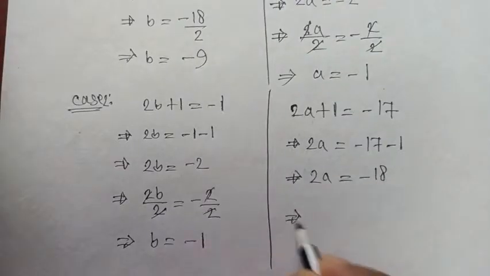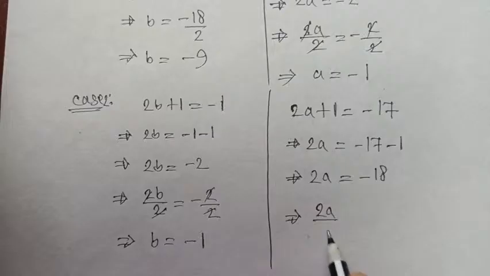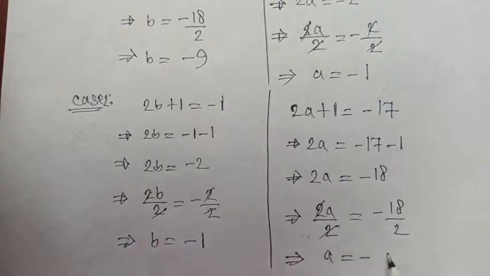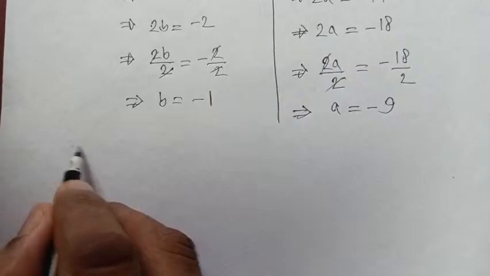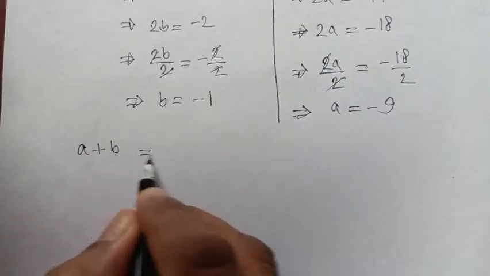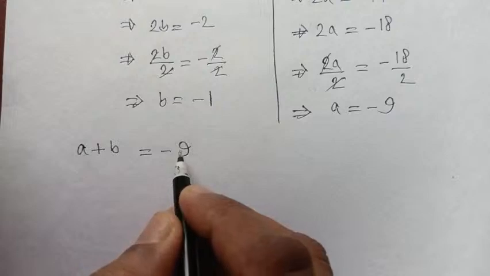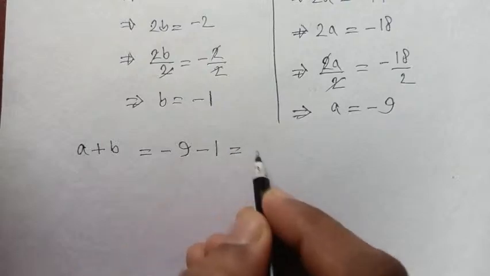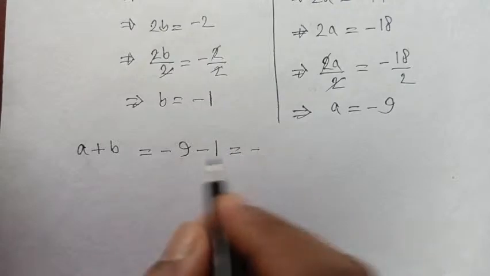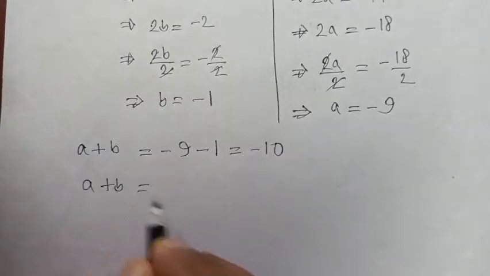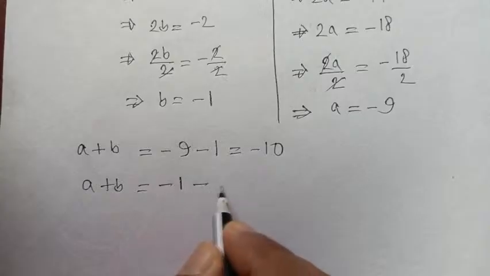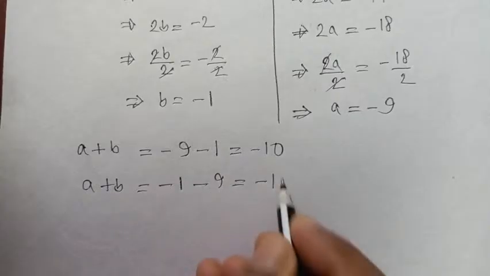If we divide by 2 on both sides, then a equals minus 9. So here the value of a plus b is minus 9 minus 1 equals minus 10, and a plus b equals minus 1 minus 9 equals minus 10.